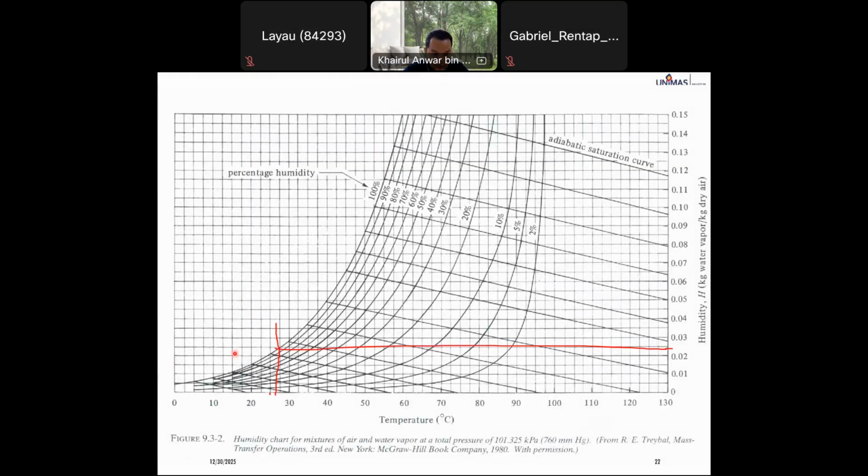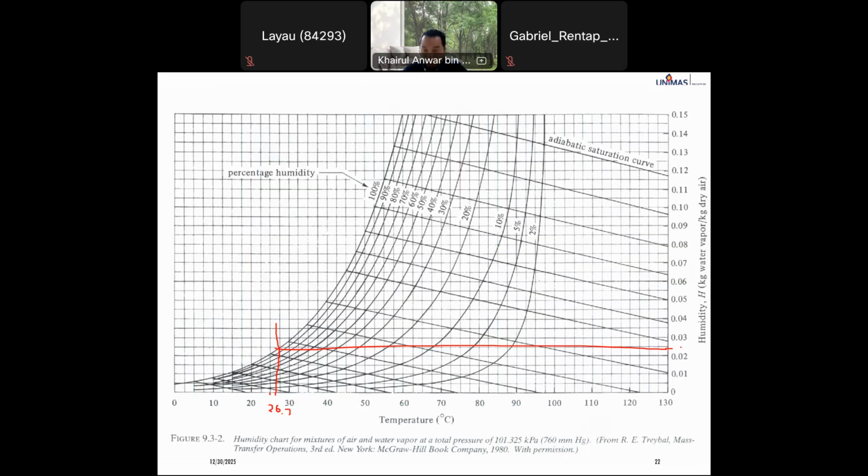So at 26.7, draw a straight line, intersect the 100% line, then draw a horizontal line that crosses the Y-axis.